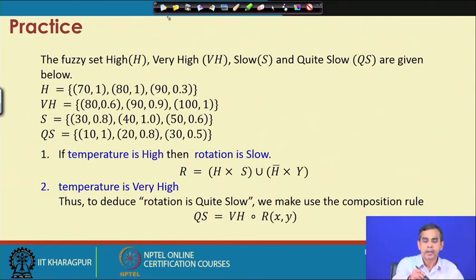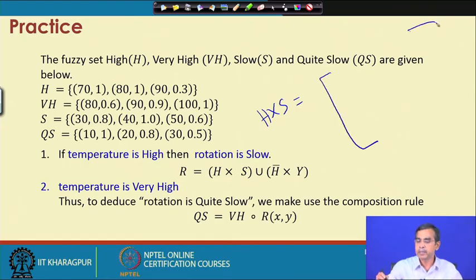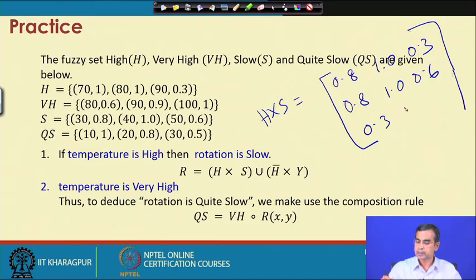So, here basically H cross S and H cross Y. H cross S can be calculated, and I am giving the final result, so I advise you to check it yourself. So, this is 0.8, 1.0, 0.3, it can be calculated: 0.8, 1.0 and 0.6 and 0.3, 0.3 and 0.3.